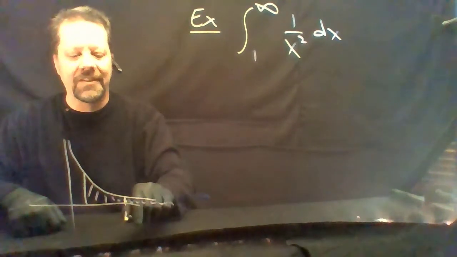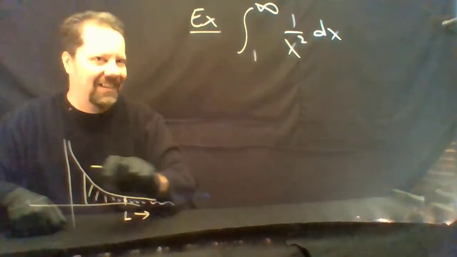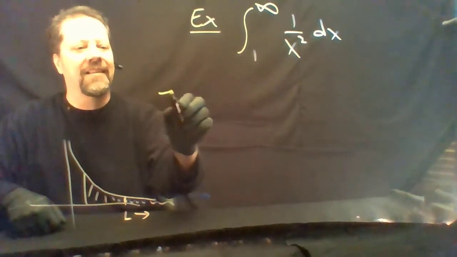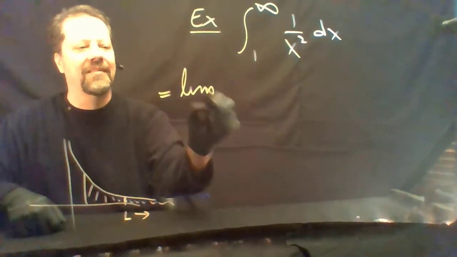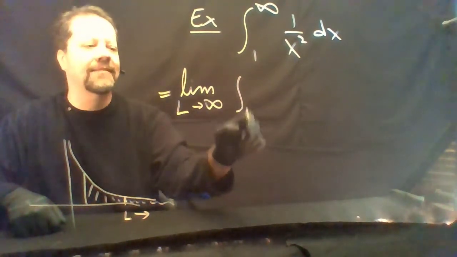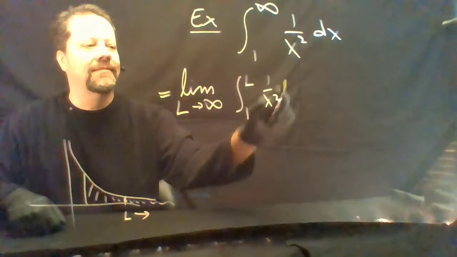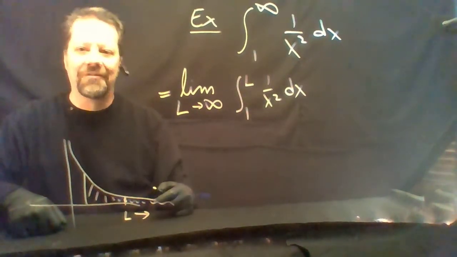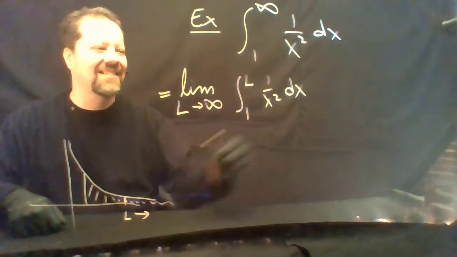Back off to some point L and take a limit as L goes to infinity. This will be the limit as L goes to infinity of the integral from 1 to L, 1 over x squared dx.